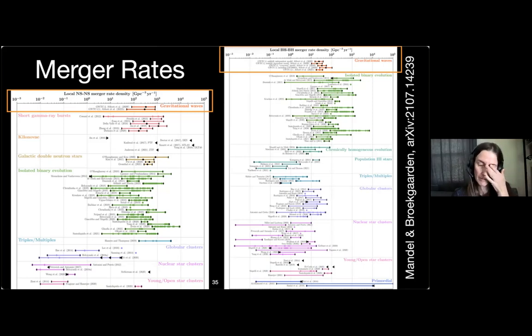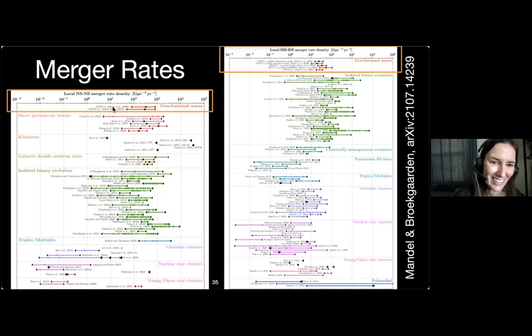So for example, you can compare the rate of neutron star mergers inferred from the gravitational wave observations. Of course, you need to fold in the sensitivity of your detector, the selection effect that makes it more sensitive to heavier masses, but that's all fairly robustly establishable.